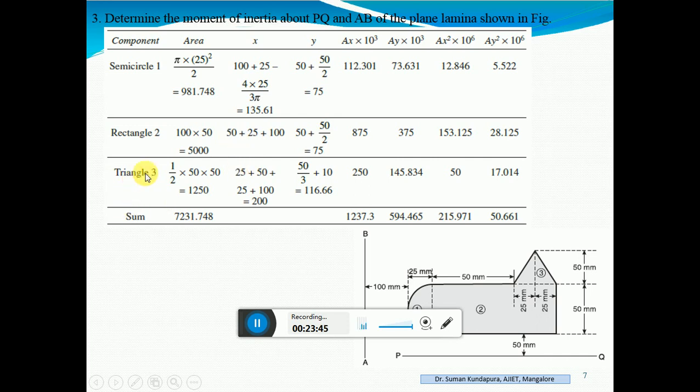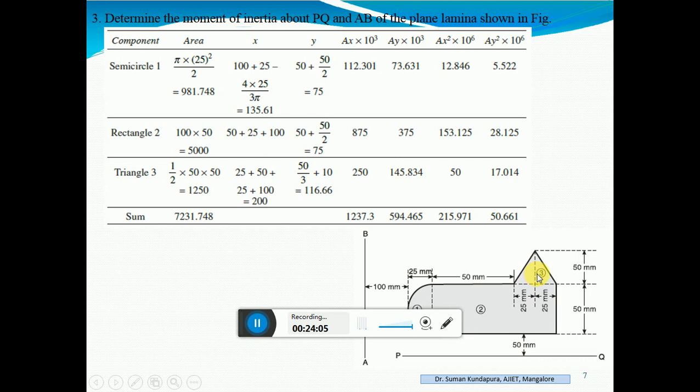Next, coming to the triangle. The triangle is over here. What is its x distance from this reference axis? This is the reference axis. It has an x distance from here to the midpoint. So it is 100 plus 25 plus 50 plus from this side to this point.